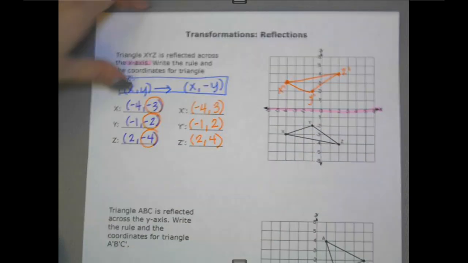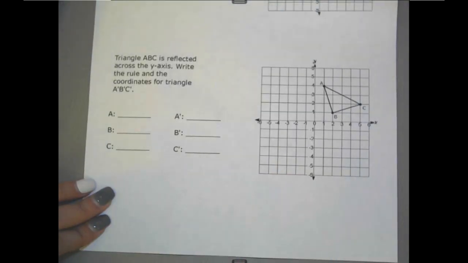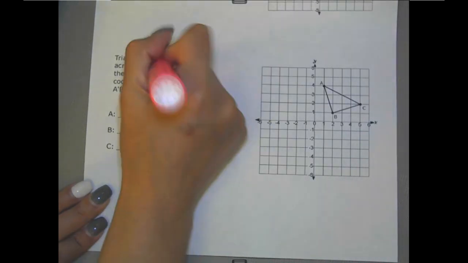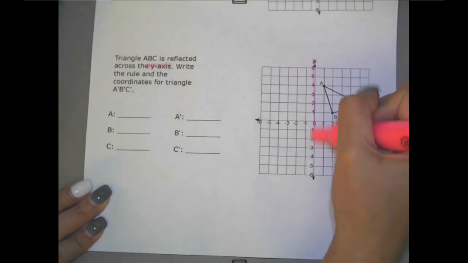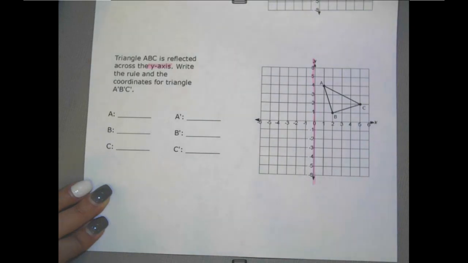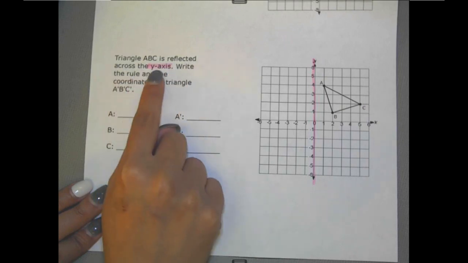So now we're going to work on when we are doing a reflection across the y-axis. Okay, so when we do a reflection across the y-axis, I want my shape to flip over this line right there. So this example, triangle ABC is reflected across the y-axis.